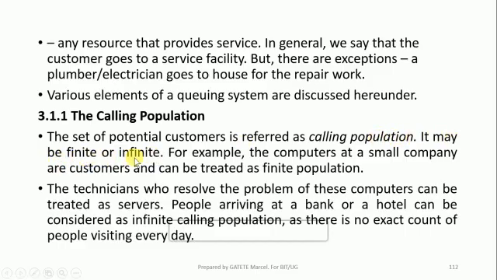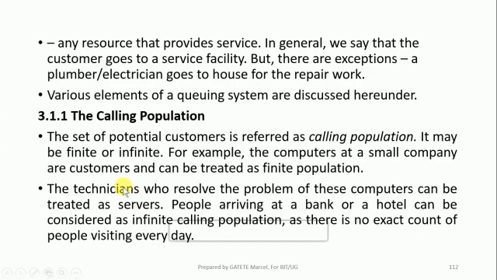Can it be finite or infinite? For example, the computers at a small company are customers and can be treated as a finite population, because in a small company we have a limited number of computers. So this population is finite.